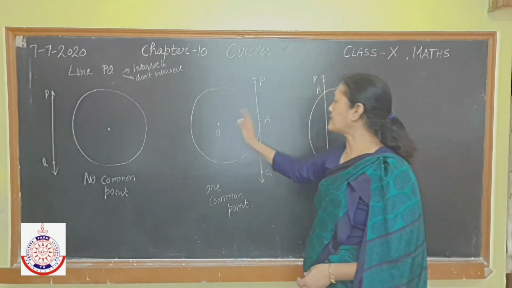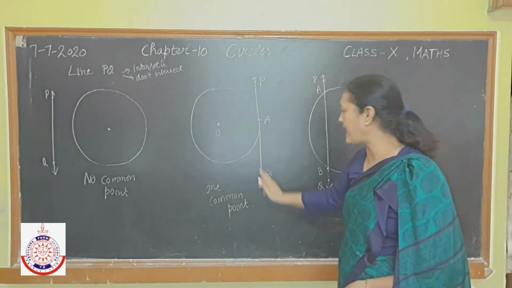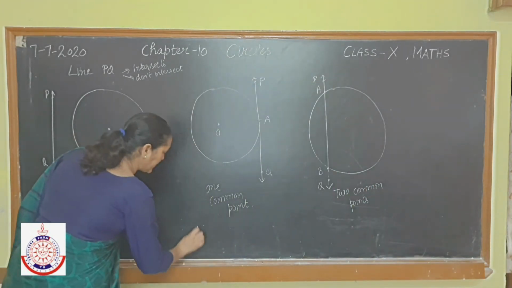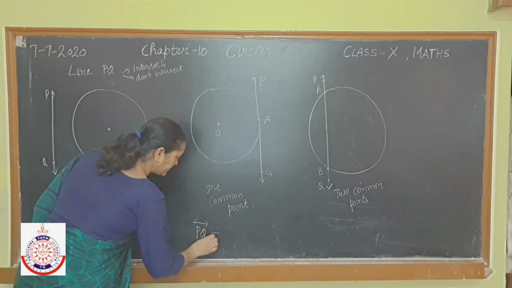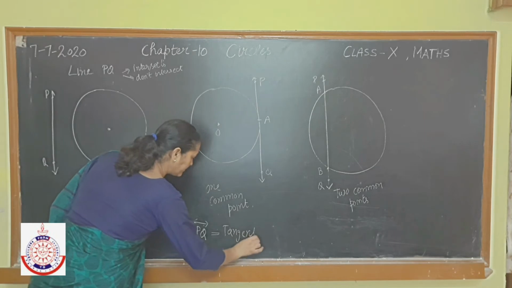When the line and the circle are intersecting at one common point, in this case, this line is called tangent. Here, this PQ is tangent to the circle.